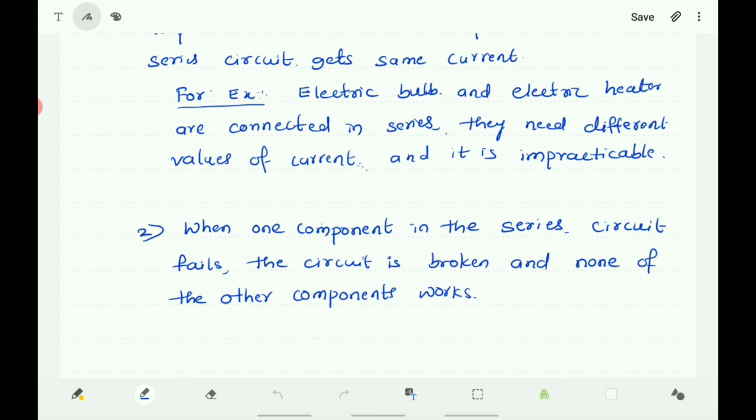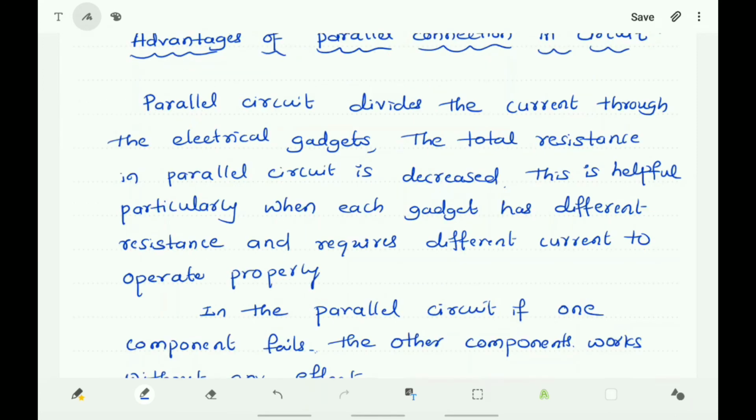Therefore, you can say that it is impracticable. Next, one more disadvantage: when one component in the series circuit fails, the circuit is broken and none of the other components works. So it is one of the major disadvantages of the series connection.